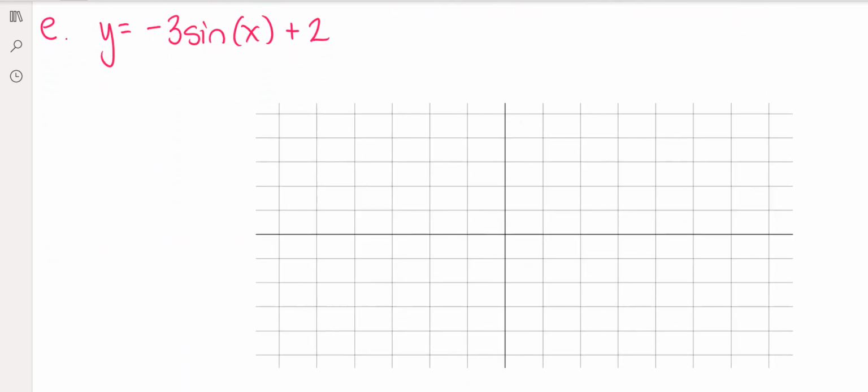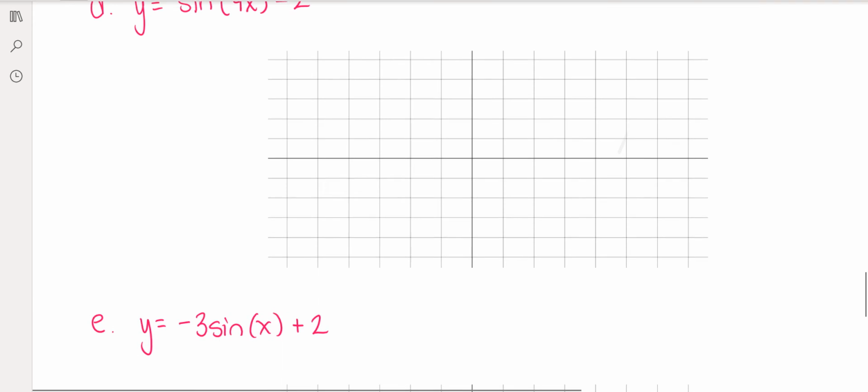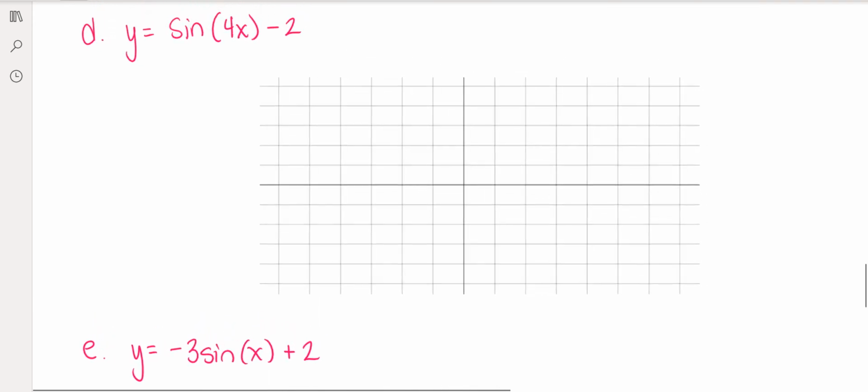Let's see what you guys can do with this one. If you want, go ahead and write down D as well, because you guys can work on that one and check in Desmos to see if you got it or not. But I'm going to give you time. And when you are done, check in Desmos right now and see if you got it.